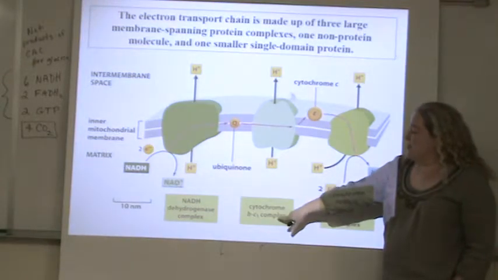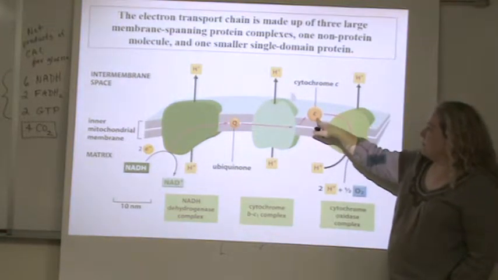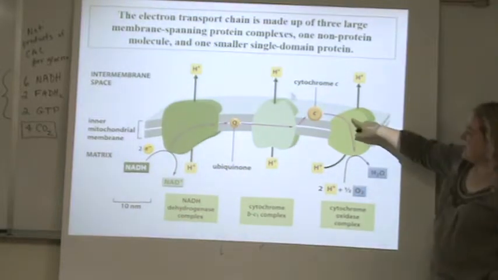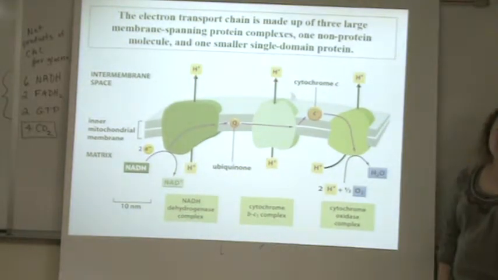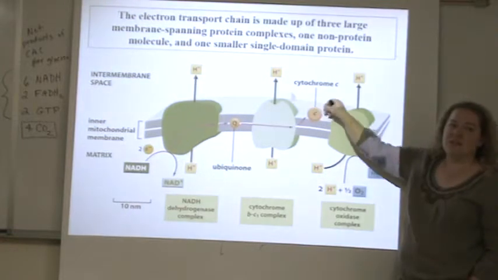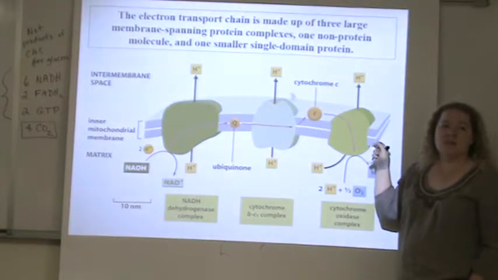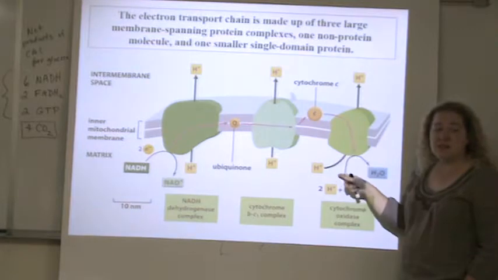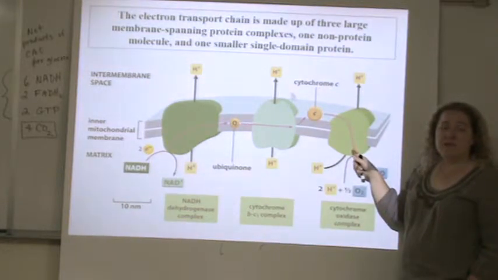We have cytochrome BC1 complex on one side of cytochrome C, cytochrome oxidase on the other side. And that makes sense because this one is going to be taking electrons off cytochrome and oxidizing it. So we have cytochrome oxidase. This is complex 4 as well.